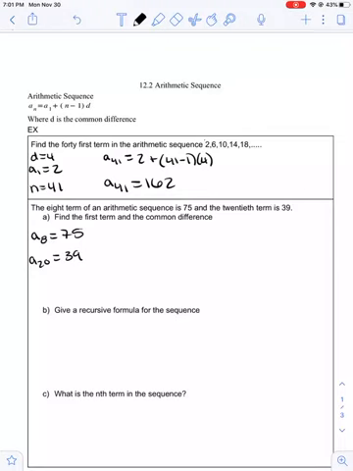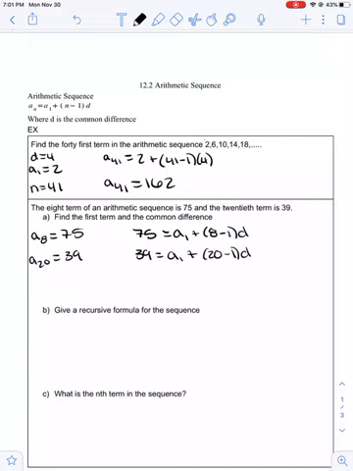two equations. So a sub n, so we'll use 8, is 75 equals a sub 1 that we don't know plus n, which is 8, and then minus 1, and then times d, we don't know. And then same thing for a sub 20, so 39 equals a sub 1 plus 20 minus 1 times d.